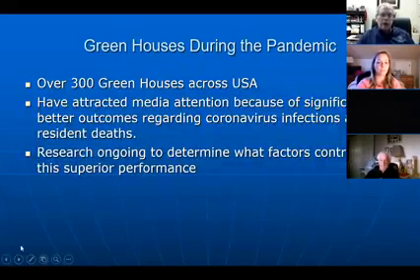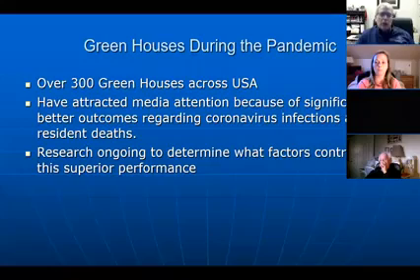Okay, next slide. One of the things that has attracted a lot of media attention in the last several months, been featured in several magazines like Atlantic Magazine. And I know our greenhouse has actually been talked about years ago in the Baltimore Sun, the Washington Post, New York Times, Wall Street Journal, because it is a novel type of concept. There are 300 greenhouses, but what has made them notable?